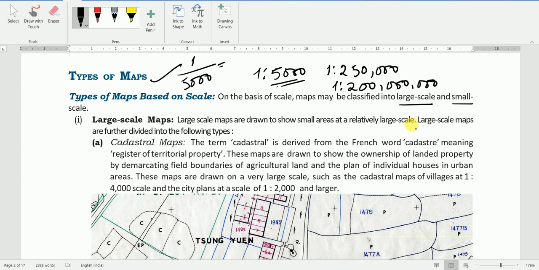And in the other case, if you divide 1 by 2 million, you will get a smaller value here, and that is why we call such a scale a small scale map, and the other a large scale map.